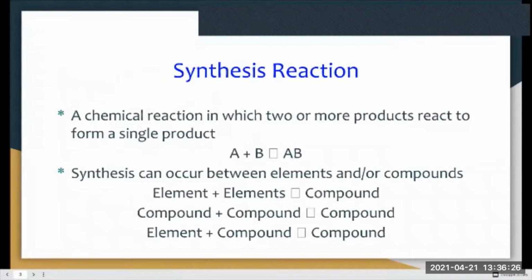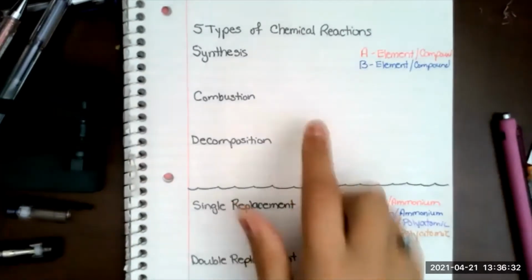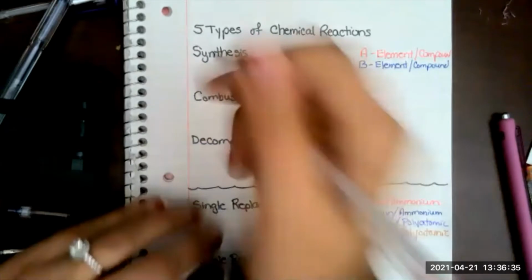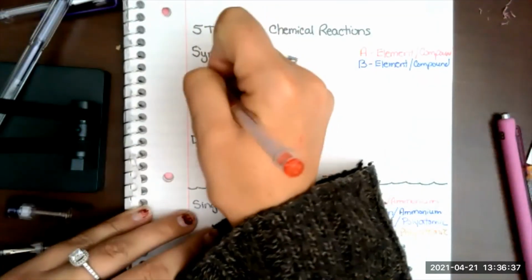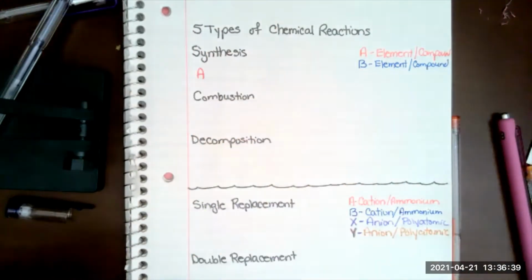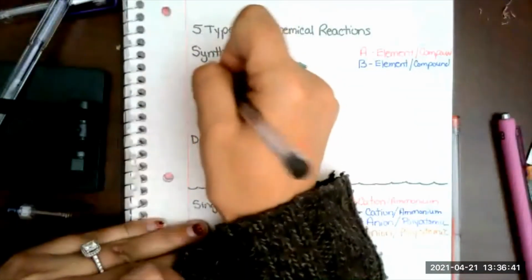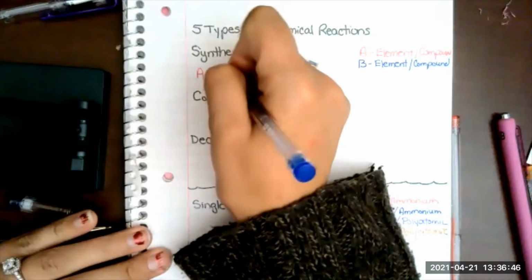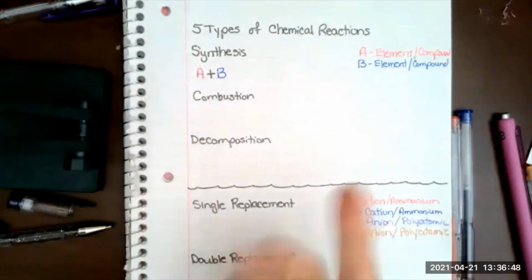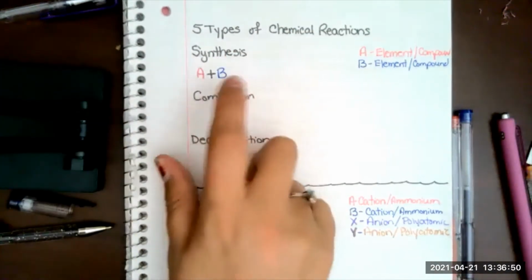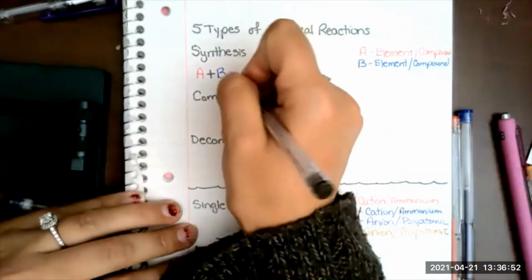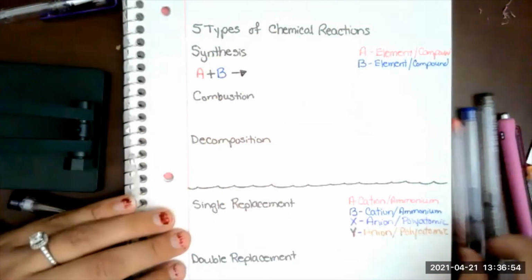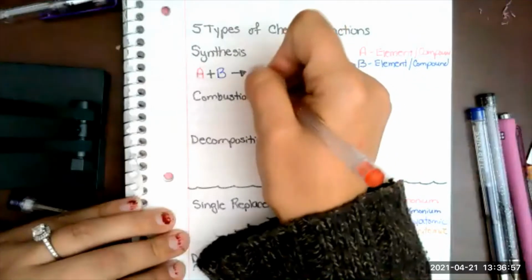So let us go ahead and write down our synthesis reaction on our sheet here, where it becomes A. So it's A, and this is where you're color coding, plus B. So many things, A plus B, you're adding things together, forms AB.